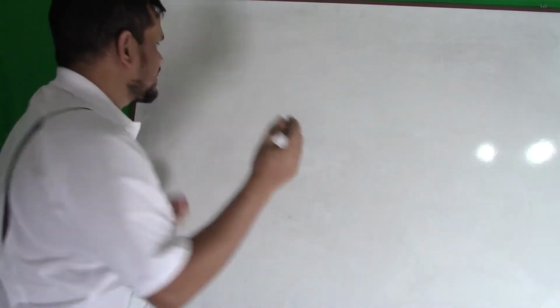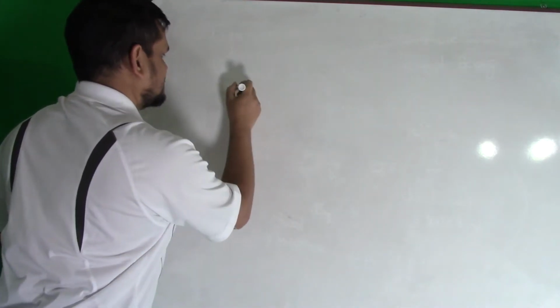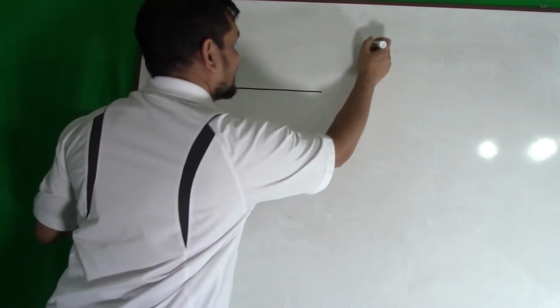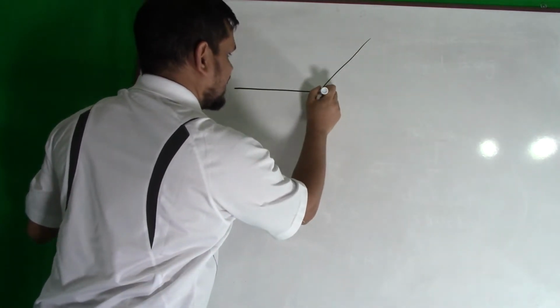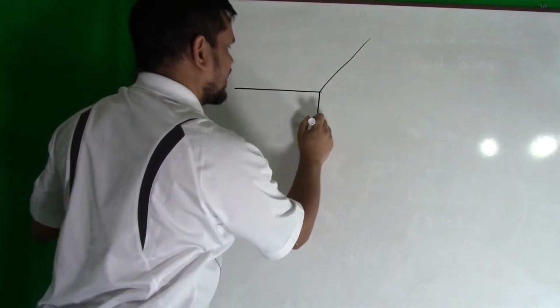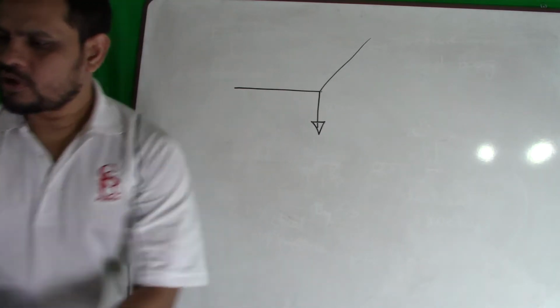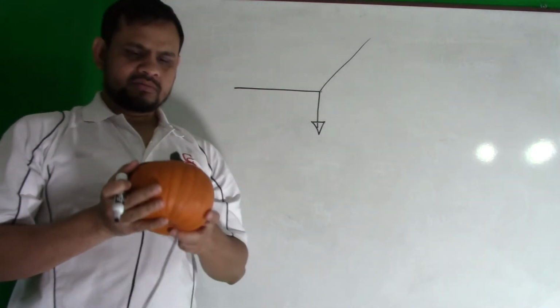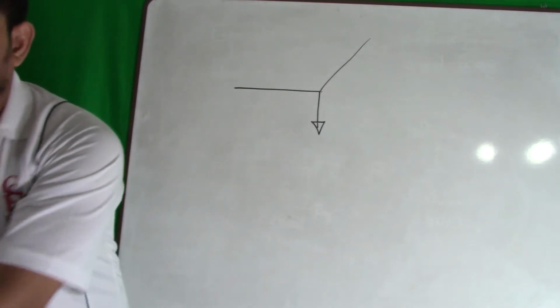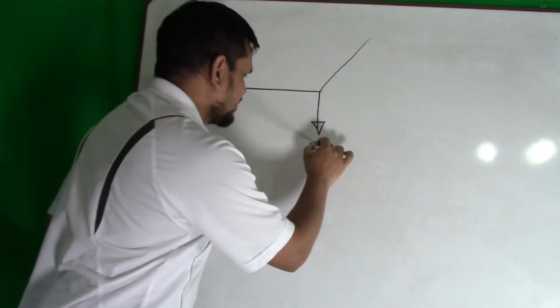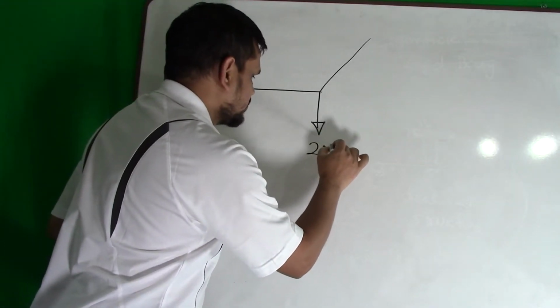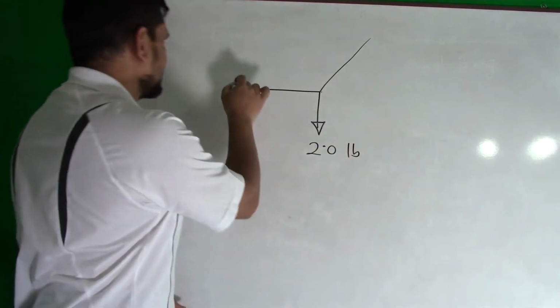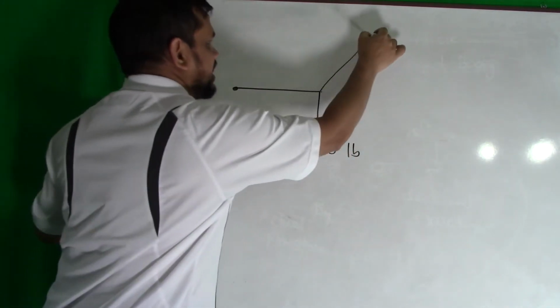If I draw this, say my drawing is this. One cable is here, the other cable is here, and the pumpkin is hanging like this. Say the weight of this pumpkin is 2 pounds. I have a support here and a support here.